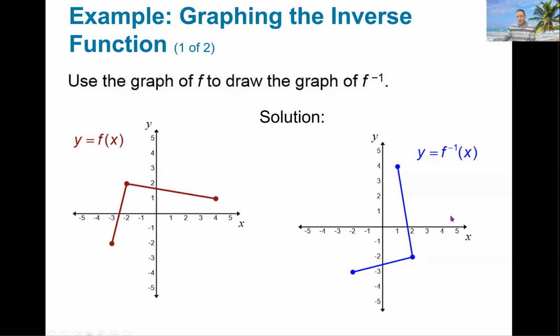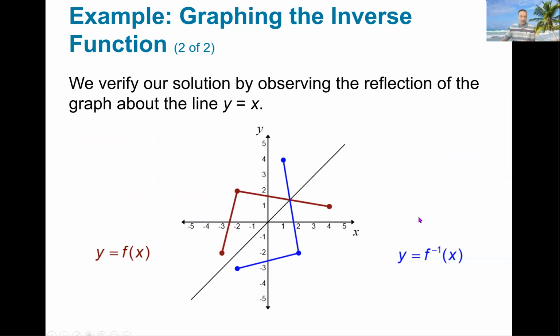Now, when you look at these two graphs disconnected, it's kind of hard to see that one is a reflection of the other about the line y equals x, which is why I generated this next screen. Boom. And you can see it pretty nicely. Here's our original function with those ordered pairs. These are the inverse ordered pairs of all of those connected out.